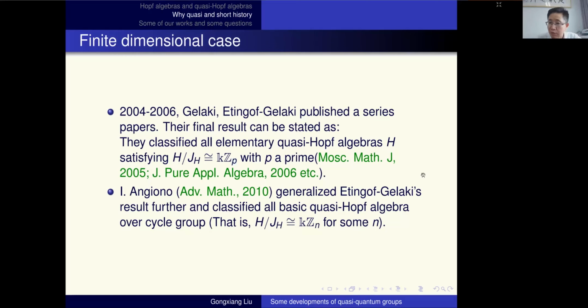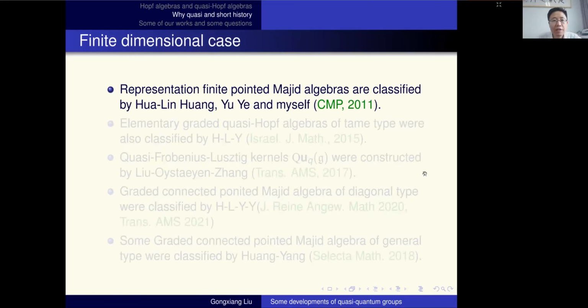Next, we did some work in this direction. At first, when we considered this question, we first wanted to classify the quasi-quantum groups according to their representation type. In my PhD thesis, I researched classifying Hopf algebras according to representation type.